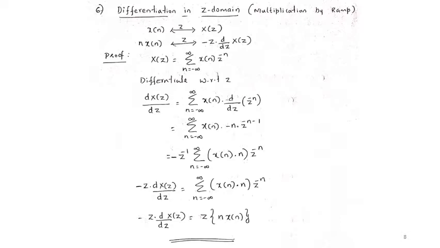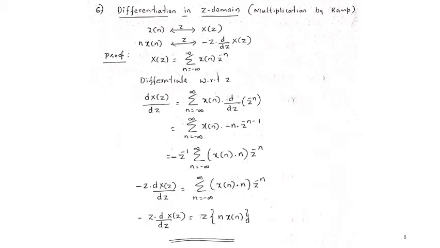So by using these properties, we'll solve different problems. Like, we'll give x of n, and you have to apply the properties, either the linearity property, time shifting property, time reversal property, differentiation in the Z domain, convolution property, and so on. You can solve different types of problems.